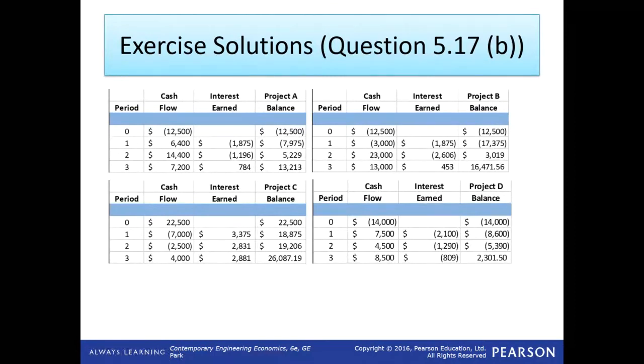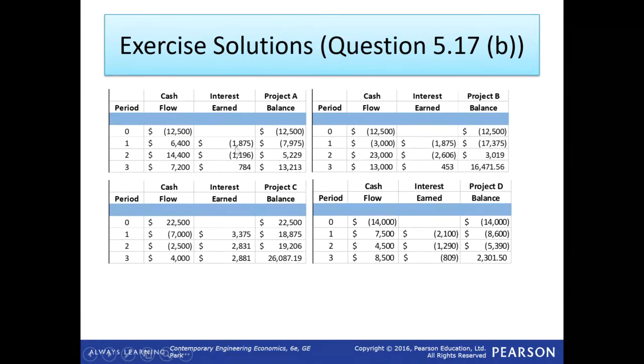Now, similar to discounted payback periods, this is the cash flow in year 1. What does interest earned mean? 15% of 12,500. So this is what this project must have earned, 1,875 for year 1, which is the balance of 12,500 times 15%.